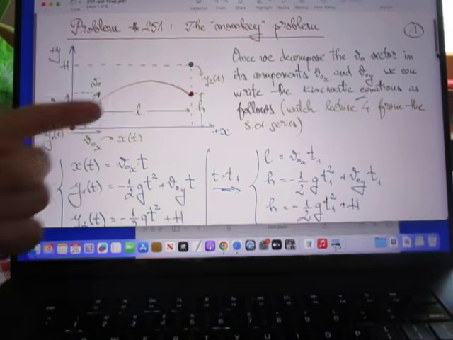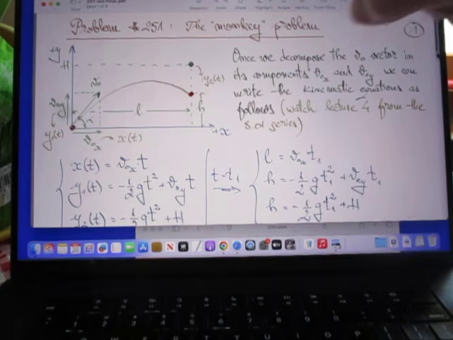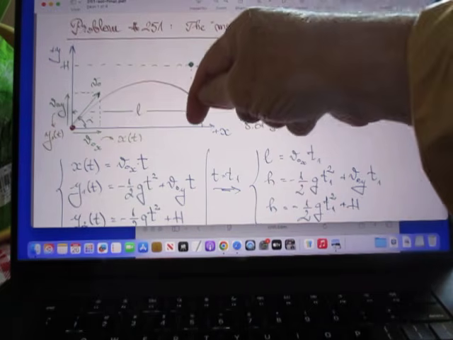At the moment that I shoot, the monkey is confused and the monkey lets go and the monkey falls.